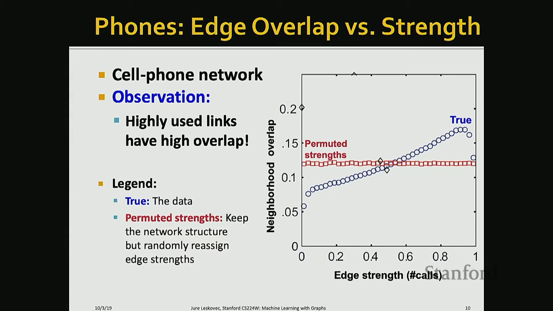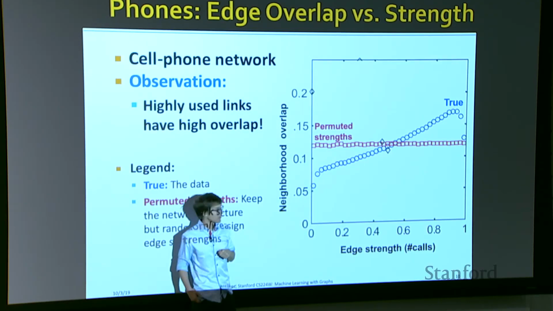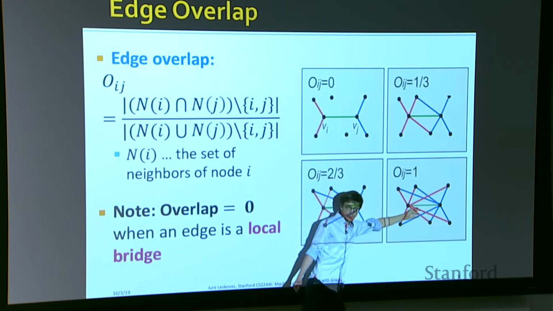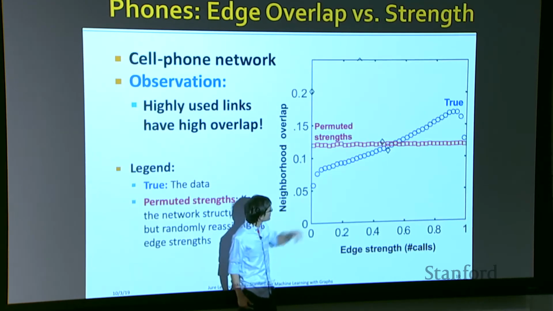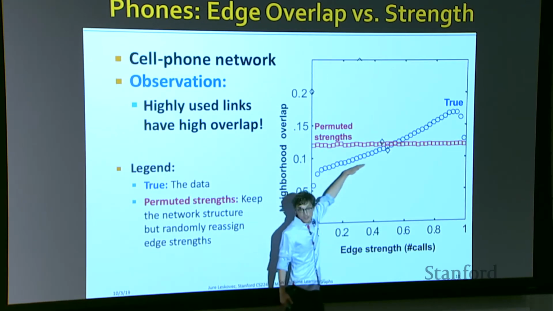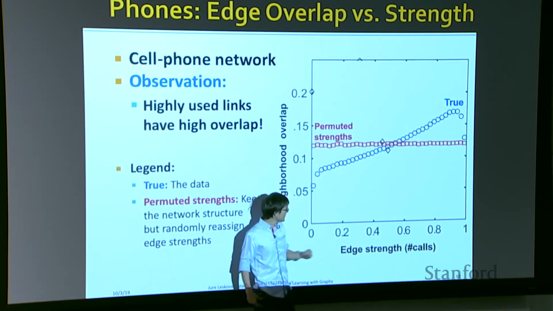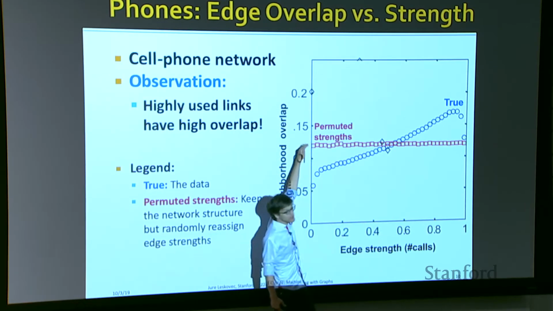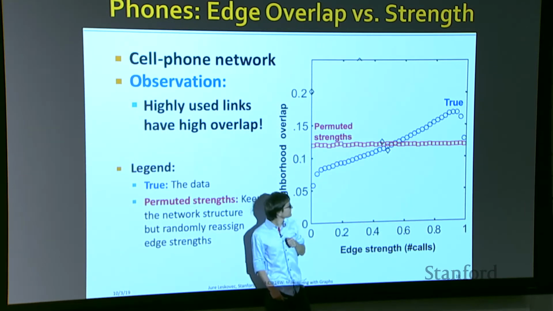And then what they show here is the overlap. Overlap on the left, think of this, and on the right, think of that. And what you see here is this correlation, dependence, which means that the more phone calls you make, the higher the friendship overlap there is.